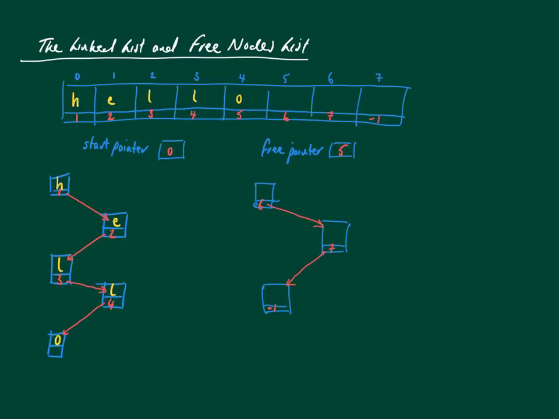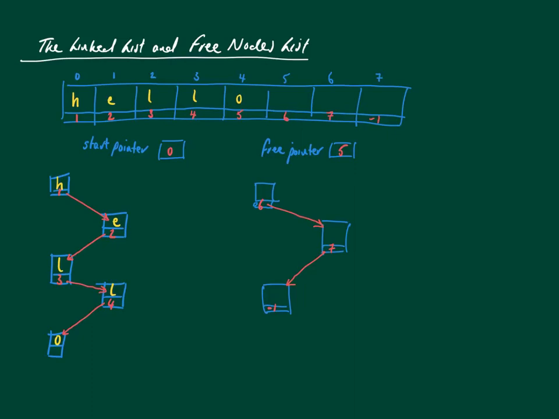Now, at this point, if we just wanted to display all the linked elements in the list, it would automatically link 5 to 6, 6 to 7, and then 7 would signify the end of the list. So if we displayed the contents of the linked list at this moment, it would display hello and then 3 spaces or 3 blank nodes.